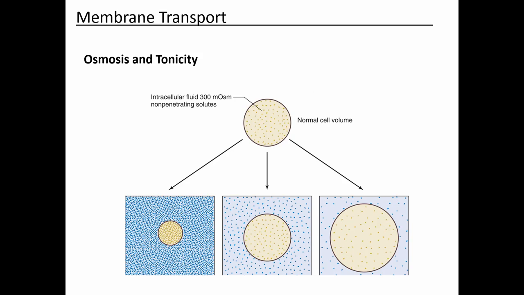So if I gave you a scenario where you have a box that's divided by a selectively permeable membrane, and you have a 4 molar sodium chloride solution on this side and a 10 molar sodium chloride solution on this side, and the membrane is impermeable to sodium and chloride ions but permeable to water, in which direction is water going to diffuse? Right, towards the higher concentration to the right.